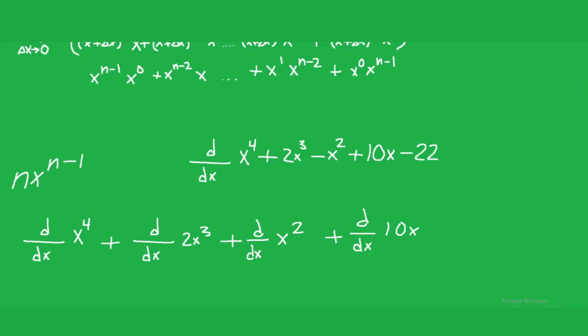And if you want, go ahead and work this on your own. Hopefully you see where I'm going with this. And then we're going to have minus d over dx of 22.